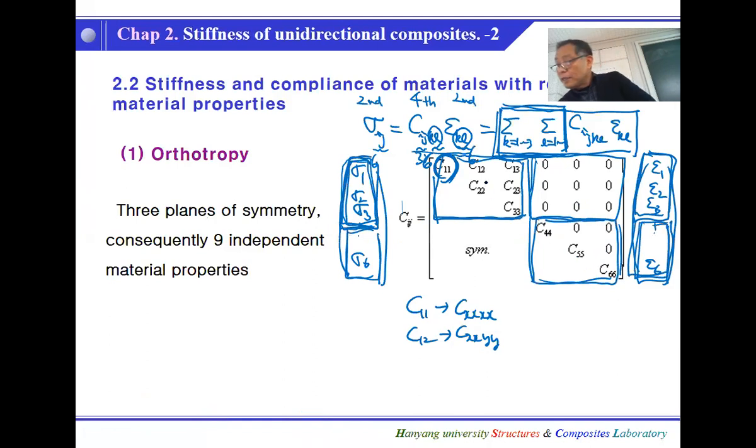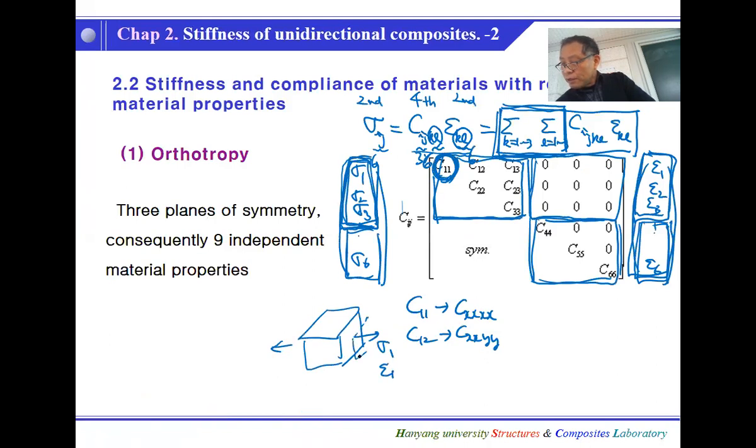For example, let's pick the stiffness C11. What does it mean? Let's say we have a strain. We apply a stress in this direction. There will be a strain in this direction.